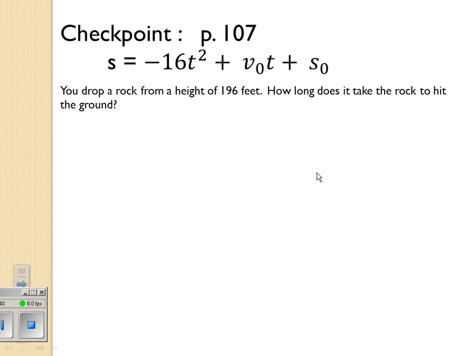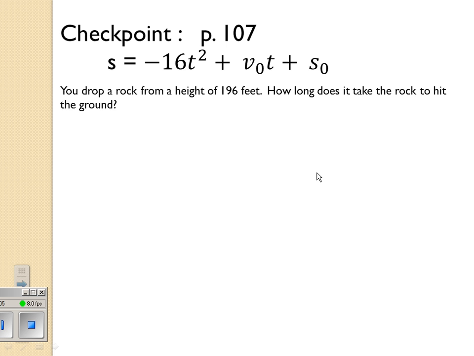All right, the next checkpoint we're going to take a look at deals with the velocity formula. So I thought this might not be a bad one to go through. The formula is given to us in our textbook, and this is a standard velocity formula. In it, you need to understand what the S's mean, the T's mean, the V's mean, and so on. And that, again, is described to you right under the formula towards the top.